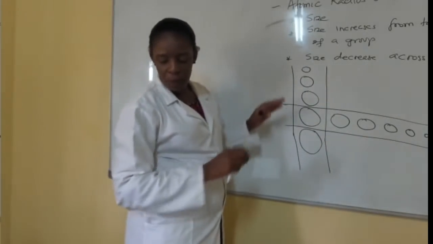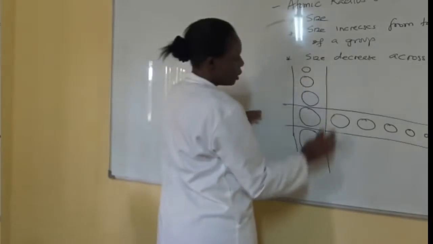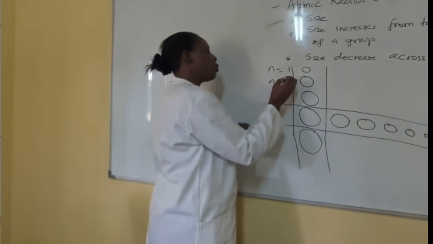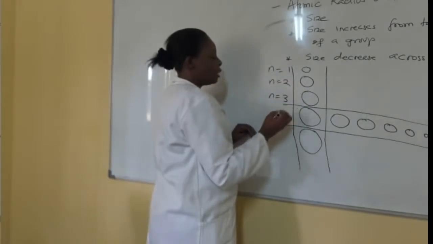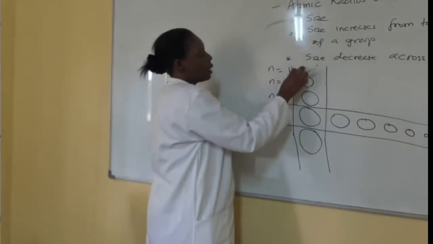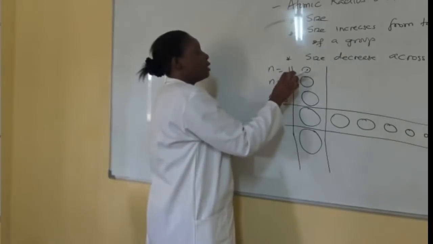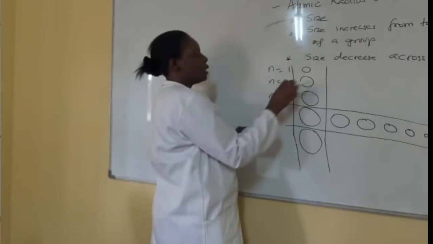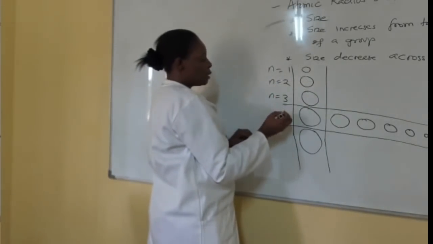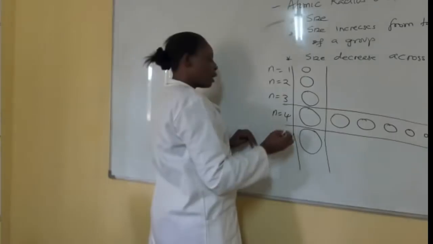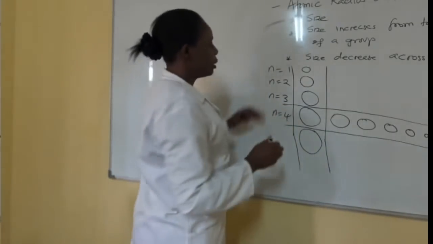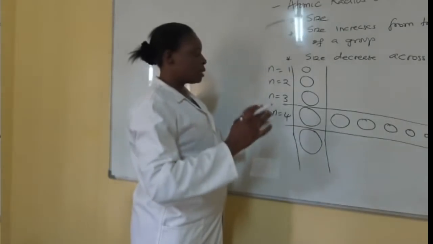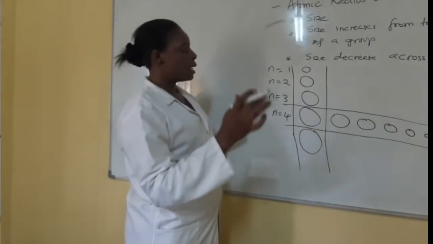So here, size will increase. Remember I said you keep putting electrons in a new energy level. So this one has energy level 1, but as you go to the next atom, electrons are occupying a new energy level of 3. Since you are filling new orbitals with electrons, it means the atom will be bigger in size.